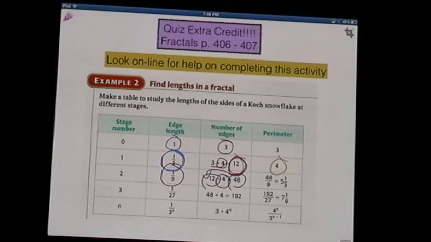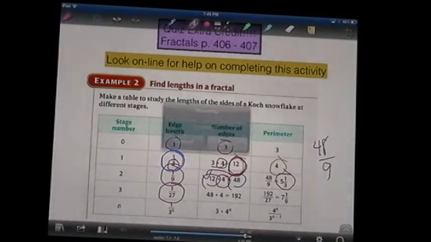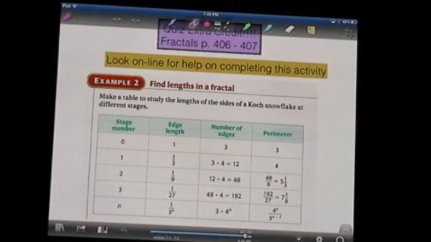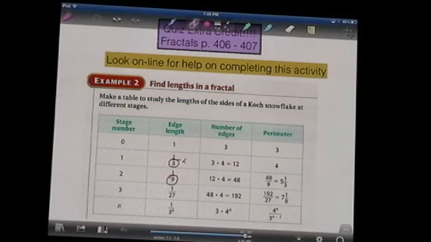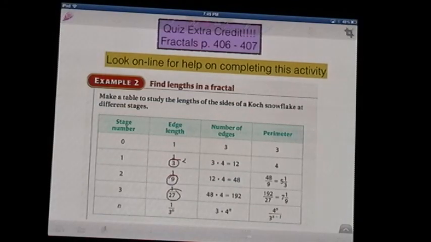Then to find the perimeter, we take our 48 edges and divide by 9, and we get 5 1/3. Then when we do it again, you see what's happening to the denominator of each one here. Here the denominator is 3. Now it's 9. We squared it to get 9. Now we've cubed 3 to get 27, or we've multiplied by 3 again.